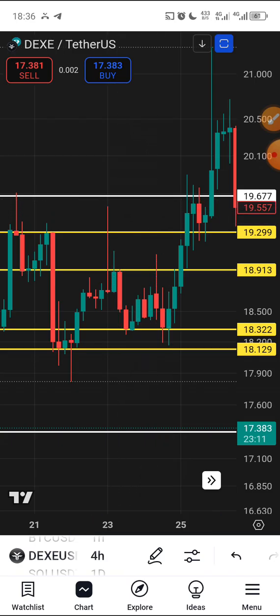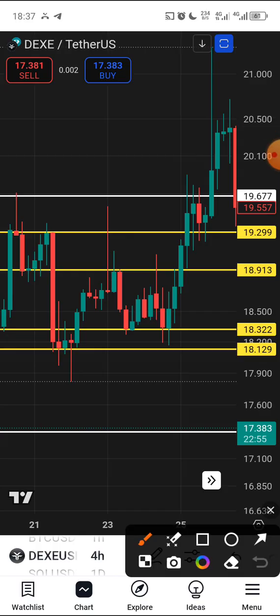Now let's take an example. You are entering this coin after this retracement. Do you see this point here? This is a breakout candle and a confirmation.